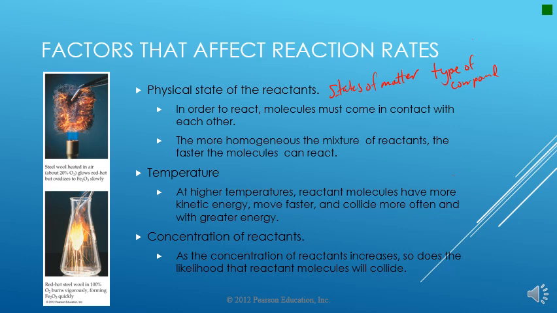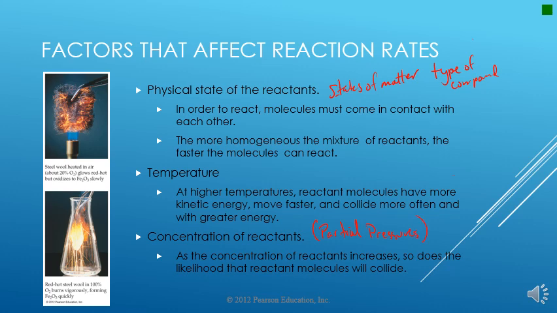Now, the last one here on this page is the concentration of reactants. Again, thinking about what will increase the number of collisions, if I have a greater amount of moles of my reactants, I'm going to have a greater concentration. One other thing to keep in mind is that we can also express concentration based off of partial pressures if it is in the gaseous state.